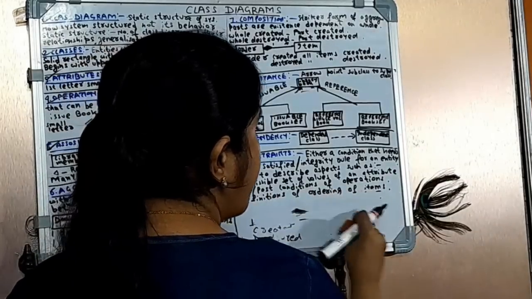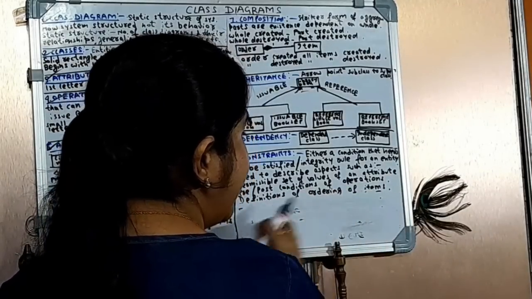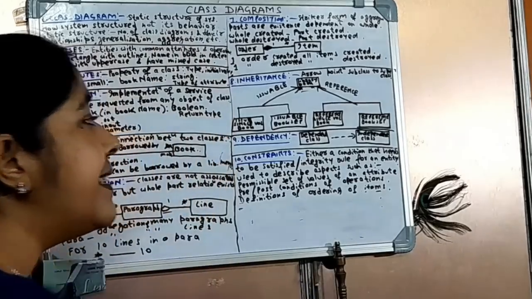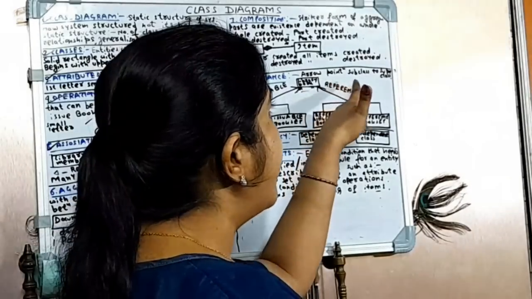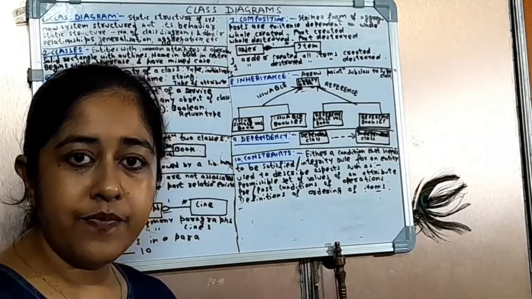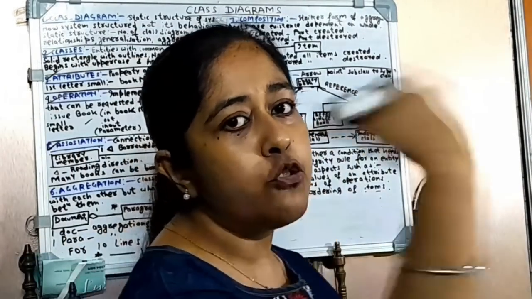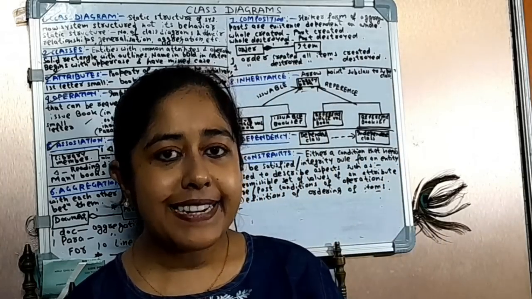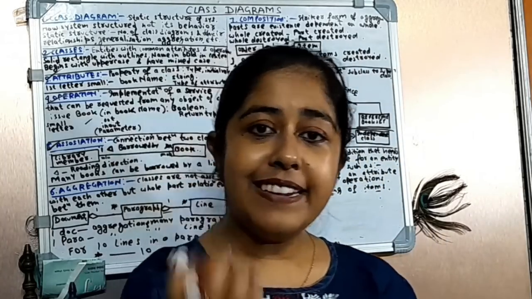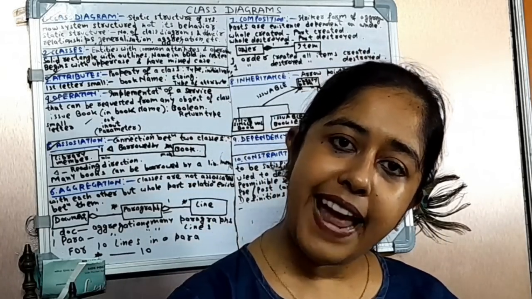Now next we are going to talk about inheritance. What is the inheritance relation? Here the arrow pointer is the main thing, from subclass to superclass. Now what is a subclass? A subclass is a child class.